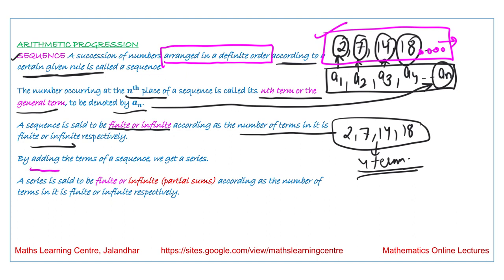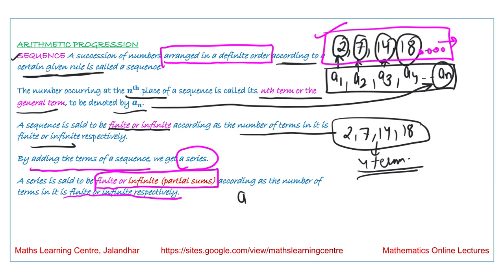Now by adding the terms of a sequence we get a series. A series is said to be finite or infinite according as the number of terms in it is finite or infinite respectively. We are talking about the partial sums.